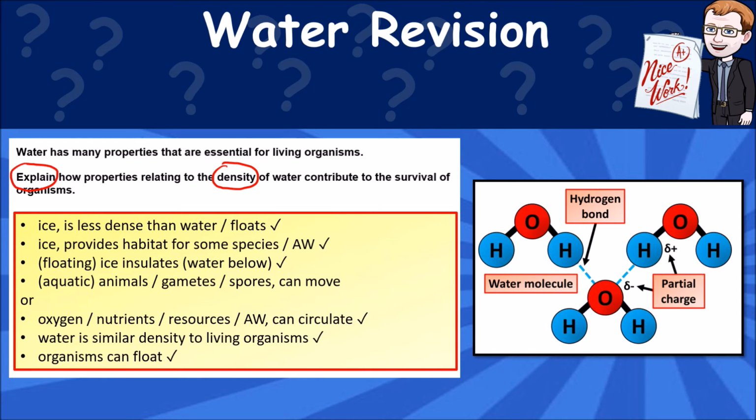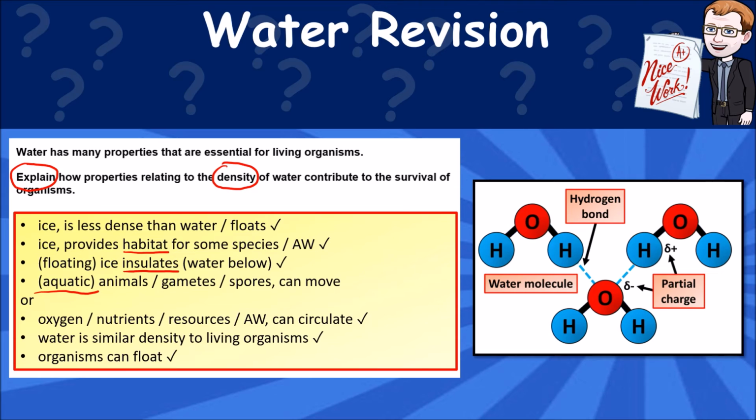You can think of a range of organisms. For instance, ice is less dense than water, so it floats. Anything that's providing a habitat, like polar bears or penguins living on that floating ice, that's relatively important. That floating ice insulates the water below, so anything living aquatically below it will survive.